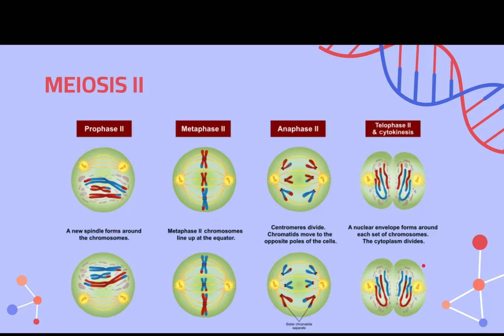Do we understand meiosis, before we talk about crossing over and genetic variation as a result? Are we good? I'm going to assume the silence means yes and keep going. Okay.